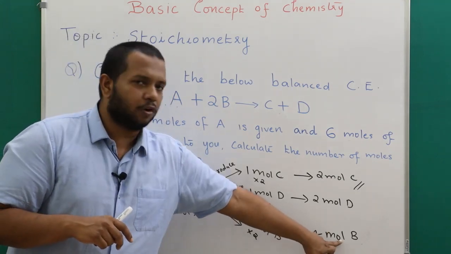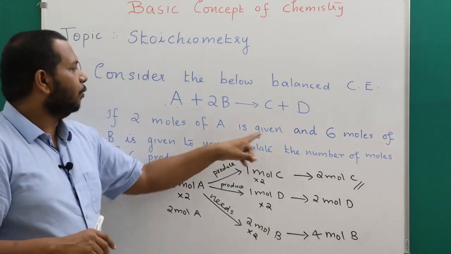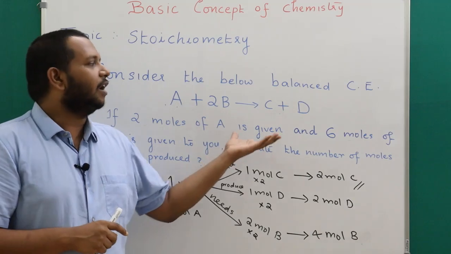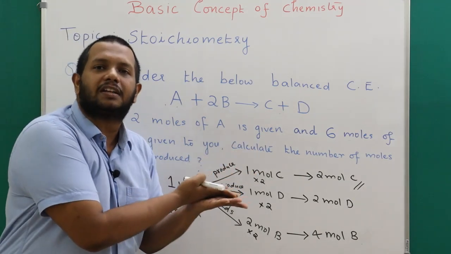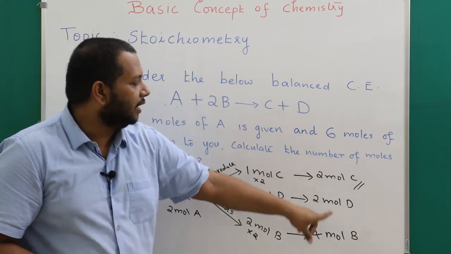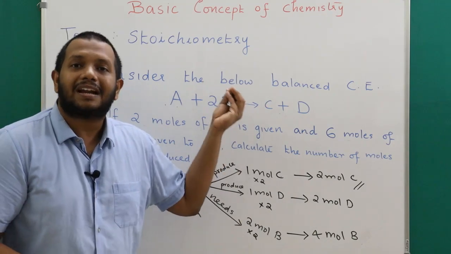I know that 4 mole of B is used up because 2 mole of A needs 4 mole of B. So how many moles of B are given to you? 6 moles of B. So how many moles will be remaining as excess reactant? Excess reactant will be 6 minus 4, which is equal to 2 mole of B.